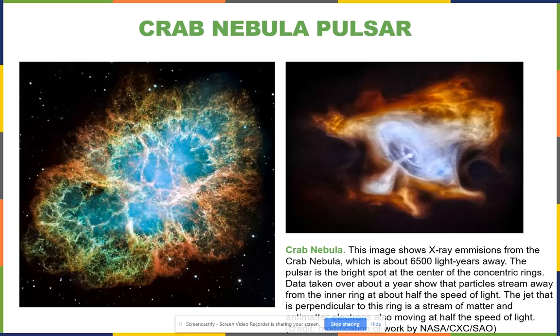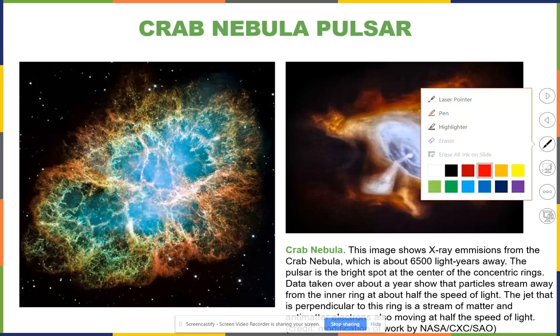So where is the remnant? Here's a picture of the remnant. Right here you have a neutron star, a pulsar. Does anybody have any idea where it is in this picture? So right there in the bottom with that little, just kidding, never mind, that's a star. I'm going to choose yellow.